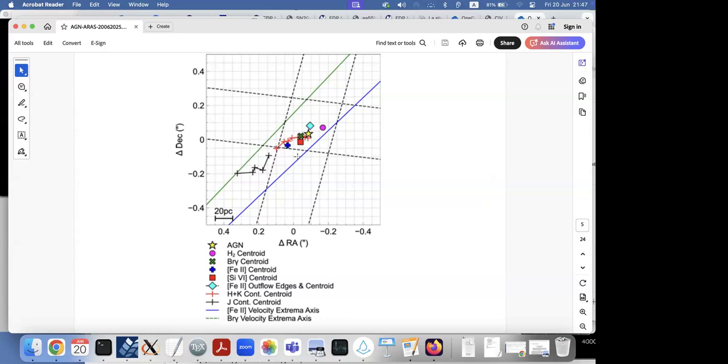Here are the individual centers, depending on the tracer. The silicon 6, for example, is very, very close to the AGN location, okay? But it's rather far from the forbidden iron 2. So there's this extended region that we would call the narrow line region, and then there's the central AGN, and you can actually separate these out.